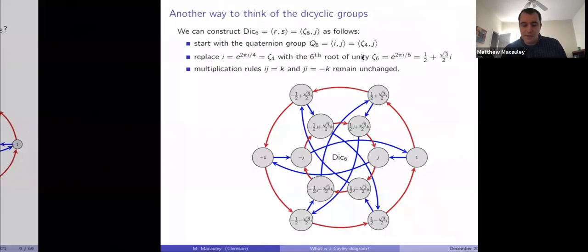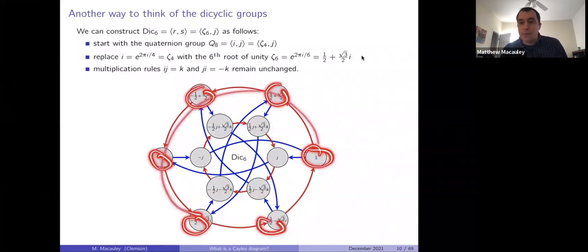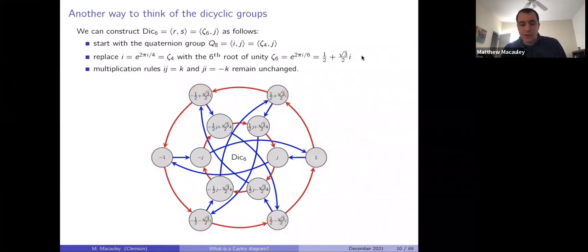Now, another way to see this, and I really like this picture, is here are the 6 roots of unity around the edge. So what if you take the quaternion group and instead of i, which is the square root of negative 1, a 4th root of unity, you use a 6th root of unity, and multiplication continues as before.